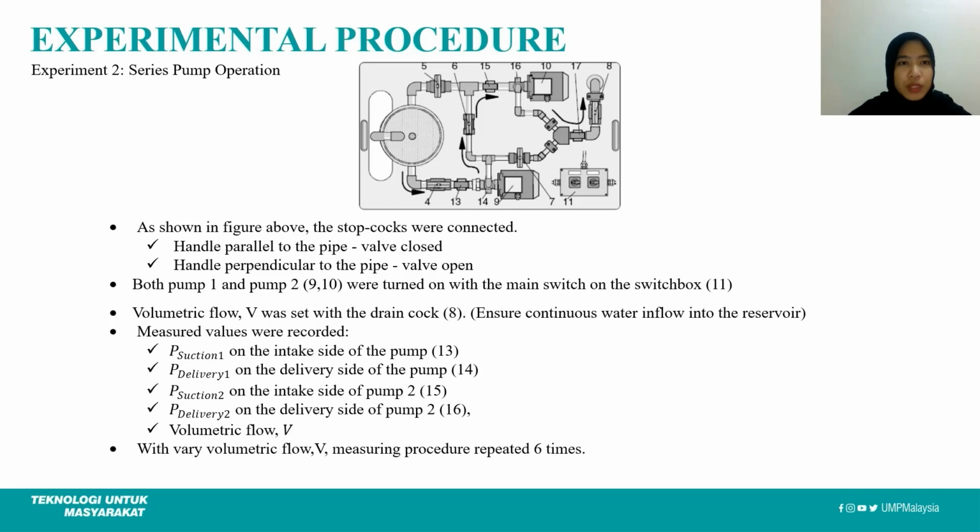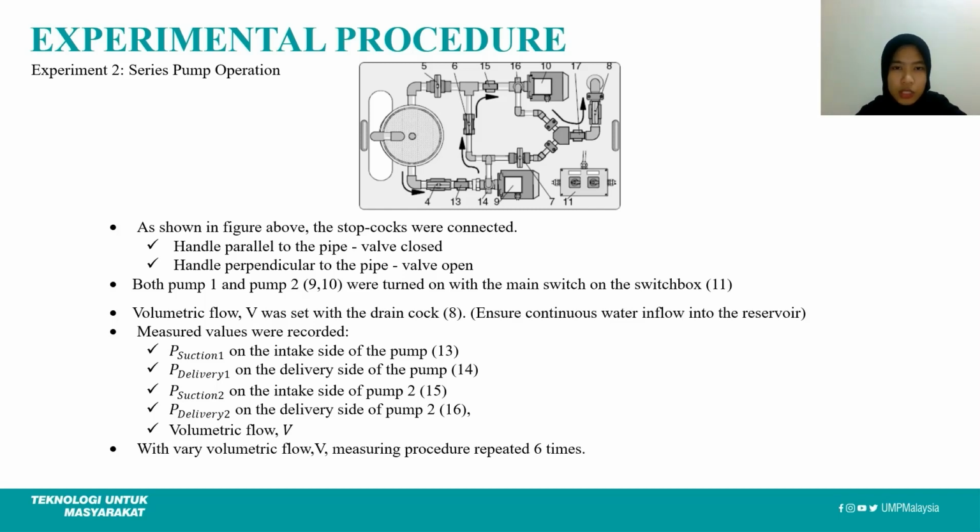For experiment 2, it is the same procedure, but with both pump 1 and pump 2 turned on. And we measure P suction 1, P delivery 1, P suction 2, P delivery 2, and volumetric flow. Then we repeat also 6 times.